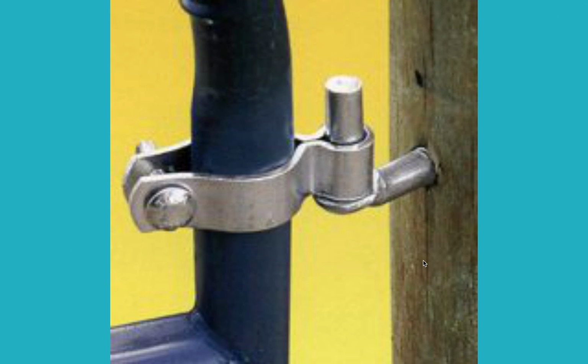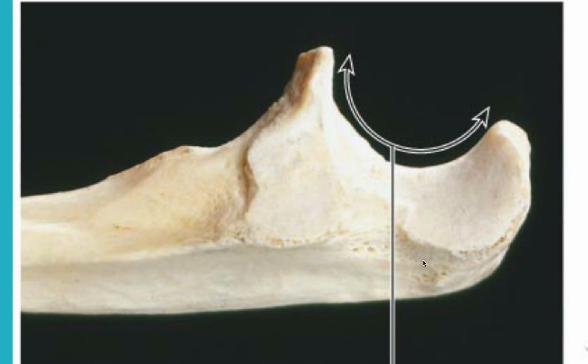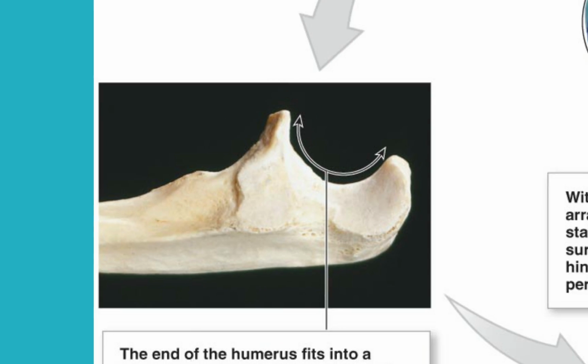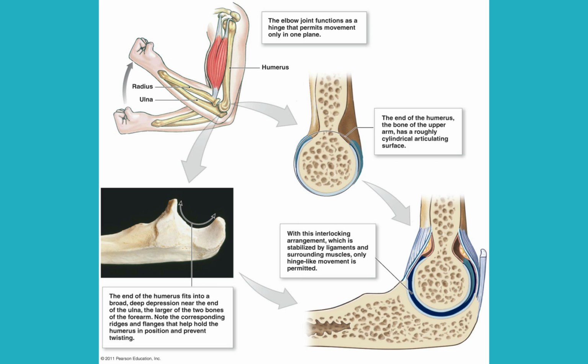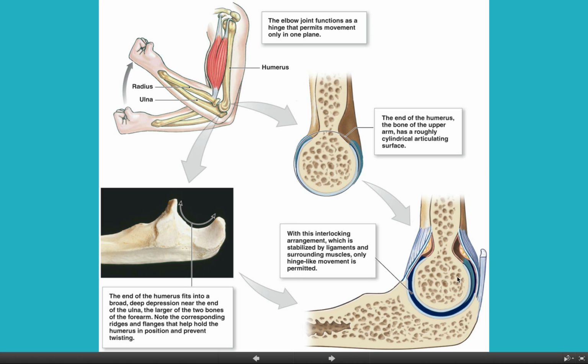So for example, hopefully you can tell this looks like a gate hinge, and that is what it is. It's a gate hinge. If you look at this, this is something from your body. It also kind of looks like a gate hinge. That's actually your ulna, bone in your arm. And if we look at how the ulna works, here's the ulna here, and it works like a hinge.